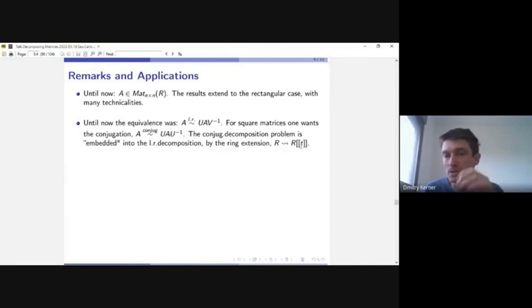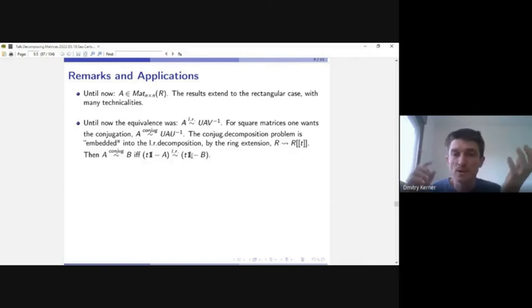Let's extend by t. And then there's some elementary observation that two matrices are conjugate if and only if these matrices are left-right equivalent. Here one is the unit matrix, and so if this is left-right equivalent to this, then of course the V must be U. Yes. So this is some silly observation, and it means that if you want to check the block diagonalization by conjugation, you can do it for left-right equivalence just over a larger ring.